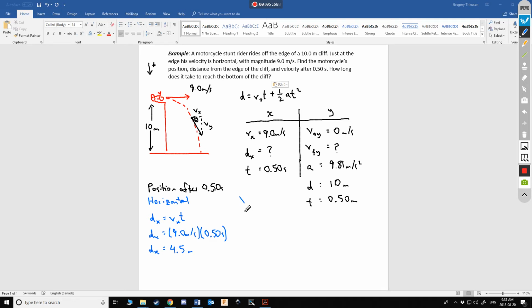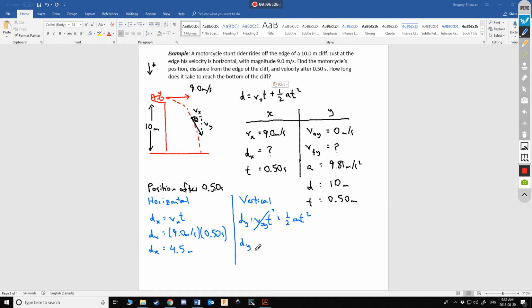In the vertical direction, we have to use the equation dy is equal to v0yt plus 1/2 at squared. So in this case, we know that our initial velocity in the y direction is 0, so that's just going to go away.